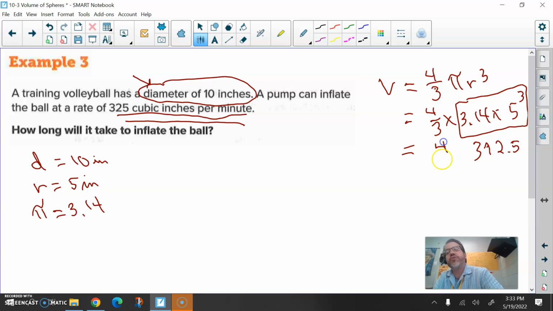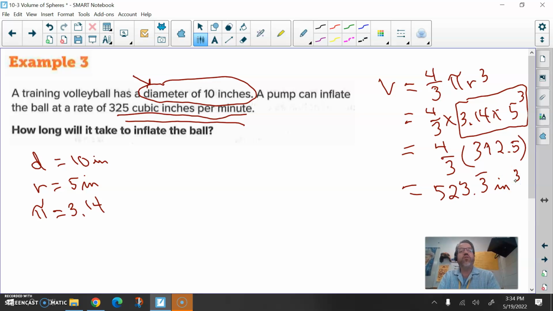Then if we multiply that by 4/3, take it the next step. So you take this value here, you multiply by 4, and then you divide that by 3. You should get 523.3 repeating. The 3 will repeat. Okay, again, pause this video if you need to and do the work on your calculator, see if you get that same result. Okay, and this is our volume in cubic inches.